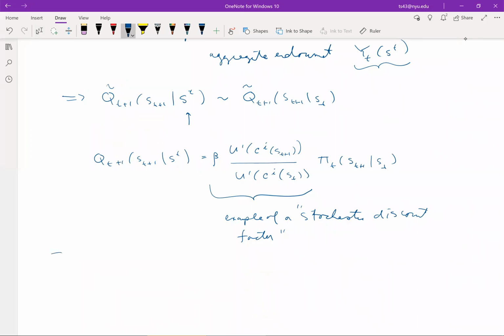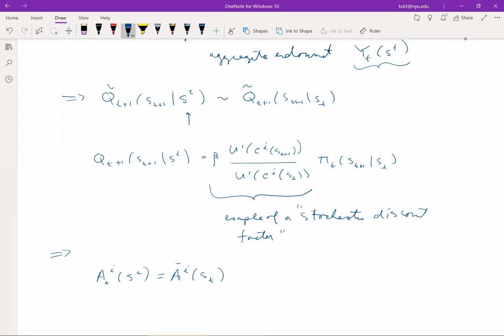Okay, more things are going to be true. Further implications are that this key object in the arrow securities, the debt limits, are going to be a time invariant function of the Markov state.